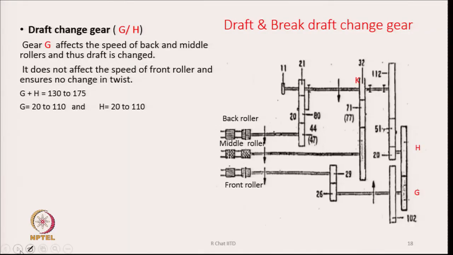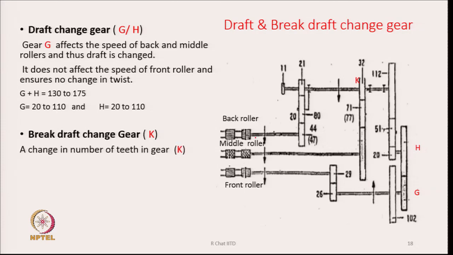The draft change gears are G and H. So, the gear G affects the speed of the back and the middle roller, because drive is going from the front rollers towards the back.